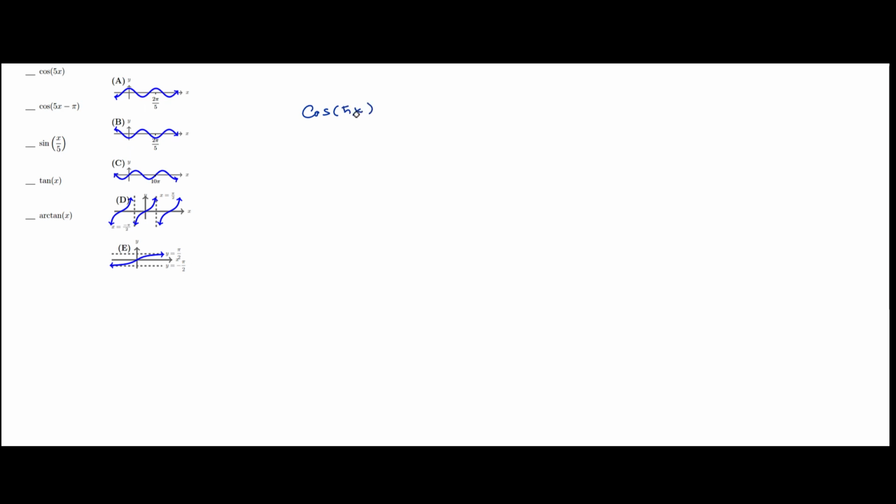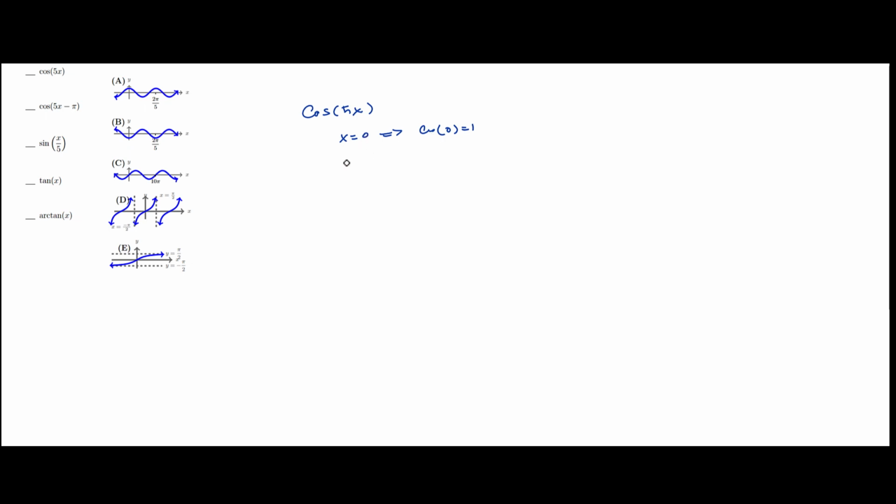If I plug in x equal to 0, I will get cosine of 0, which is 1. And so I know the start point.